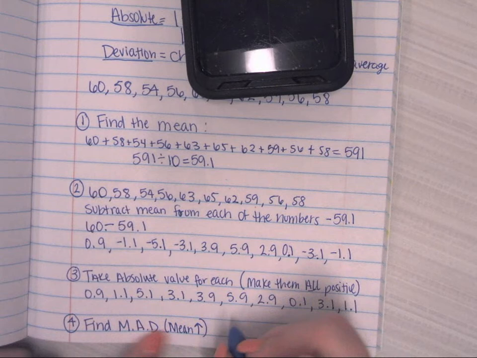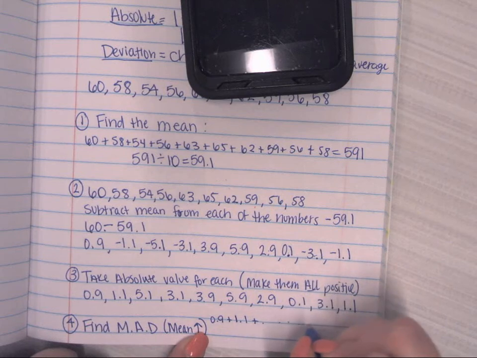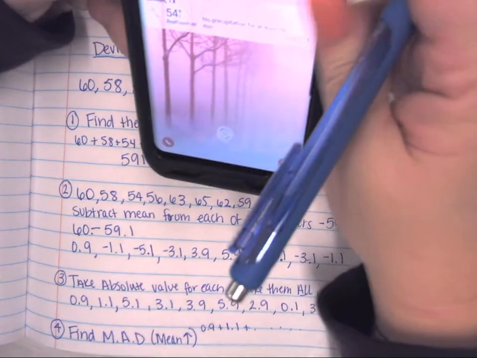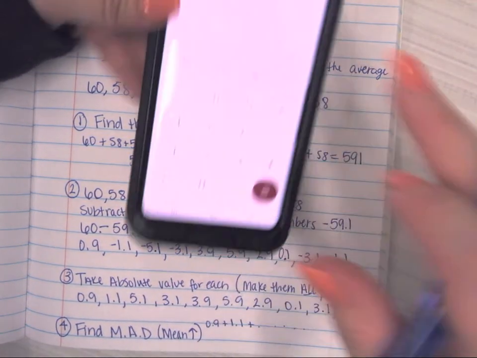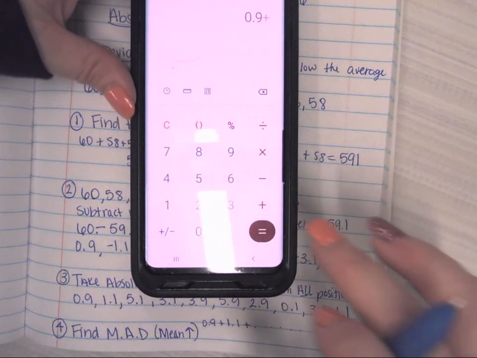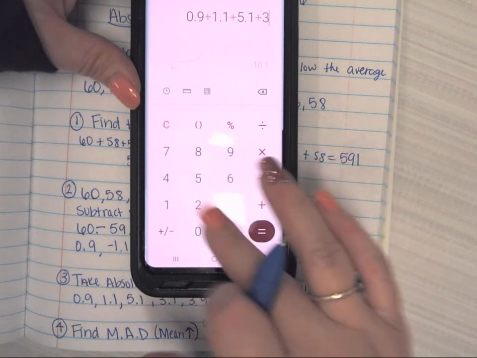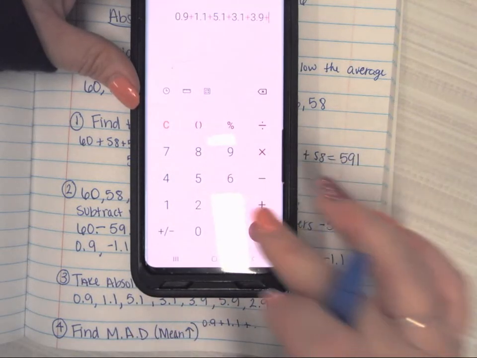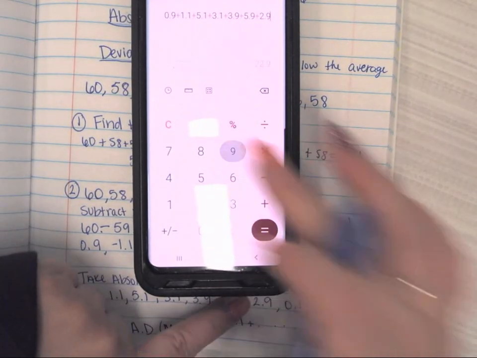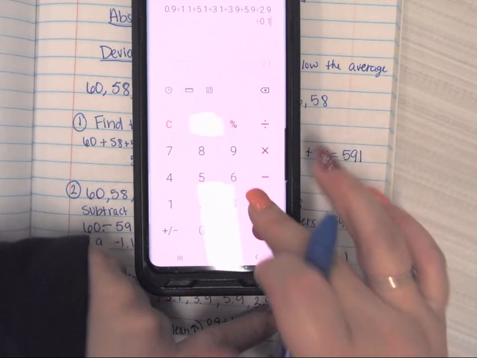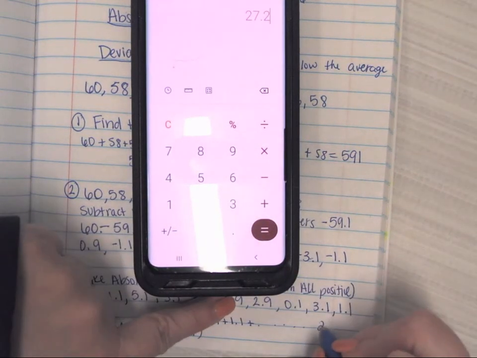So we add them all: 0.9 plus 1.1 plus 5.1 plus 3.1 plus 3.9 plus 5.9 plus 2.9 plus 0.1 plus 3.1 plus 1.1, and you get 27.2.